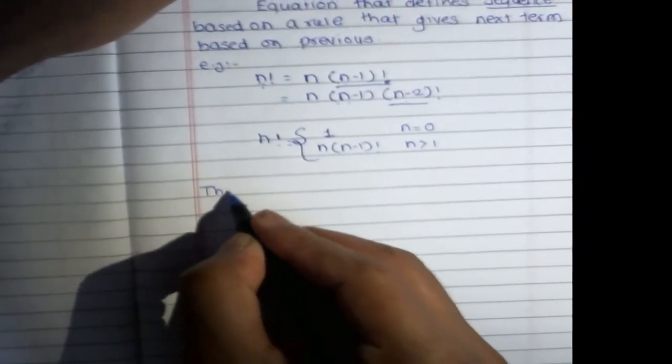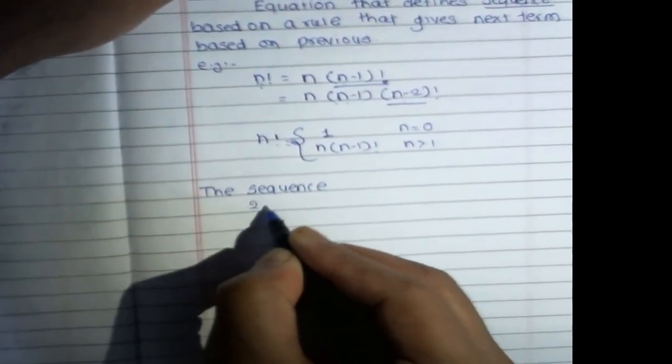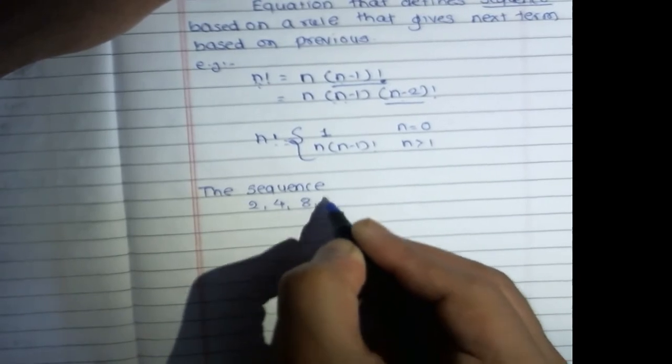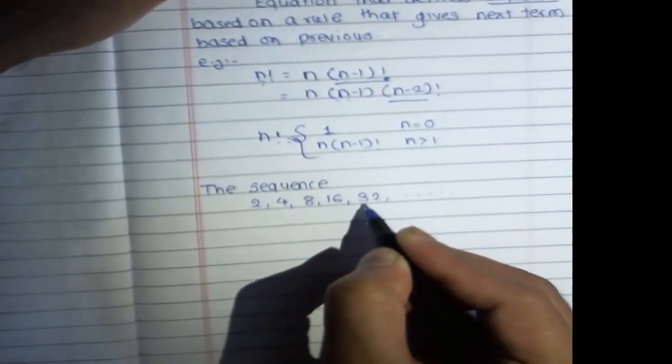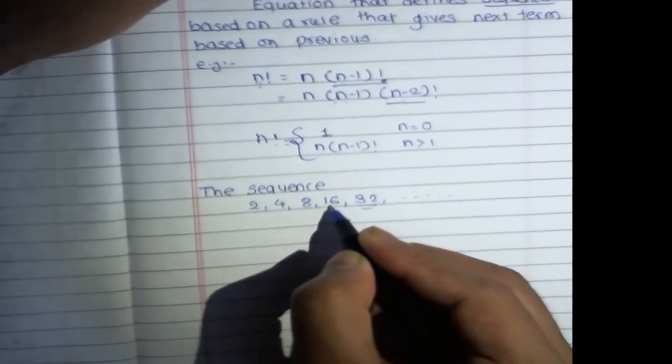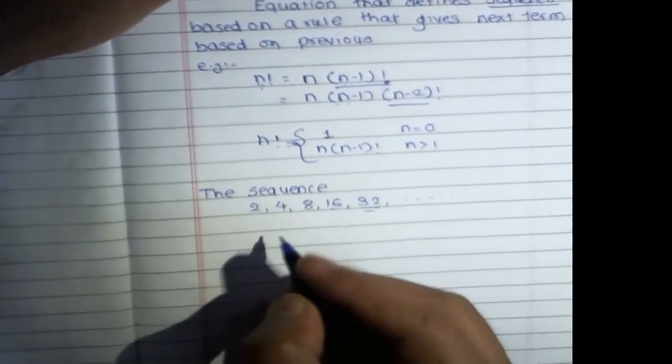The sequence we are using here is, let's say, 2, 4, 8, 16, 32. That means each term depends on its previous term. It is twice the previous. So how can I write it?